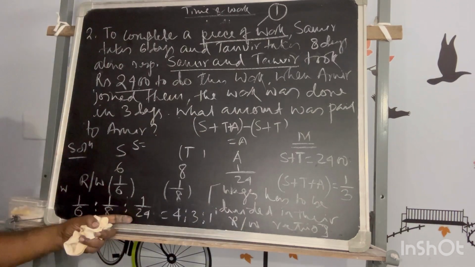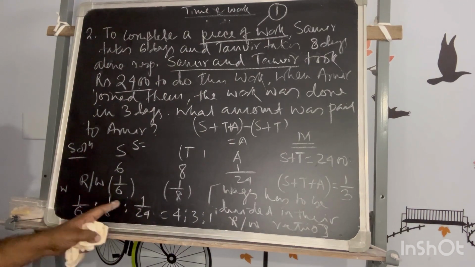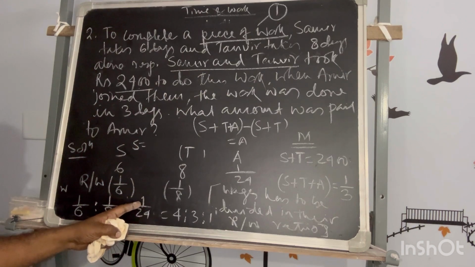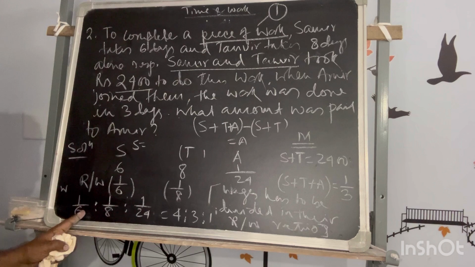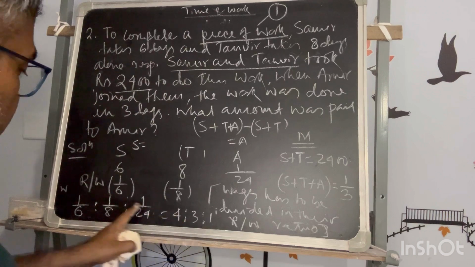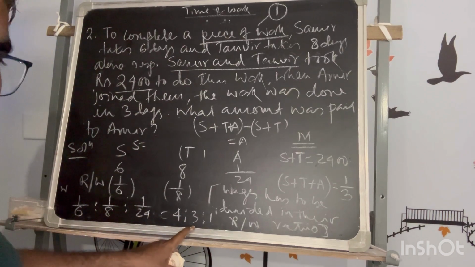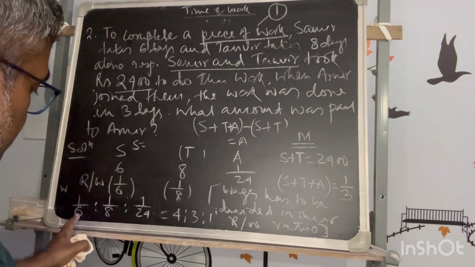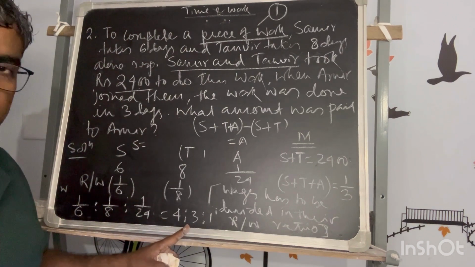You know how ratios have to be done: the ratios have to be converted into natural numbers, so we multiply all three with the same number to convert the fractions into natural numbers. So this is the ratio of their wages. The rate of work is converted, so in this ratio they will get their wages.